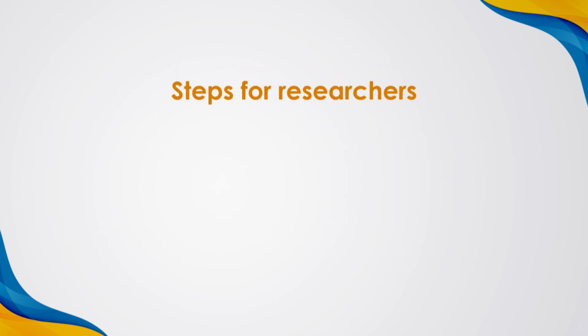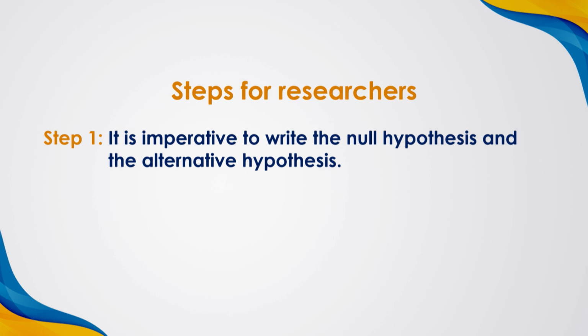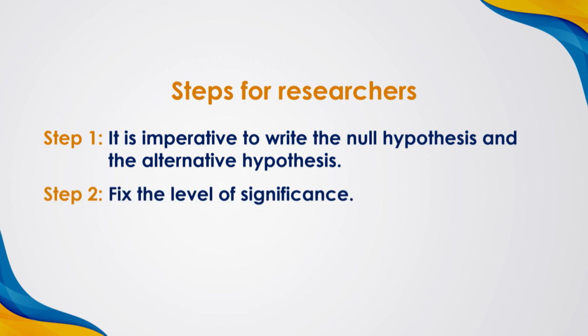As a researcher, you have to follow the following steps without fail. Step 1, it is imperative, that is necessary, to write the null hypothesis and the alternative hypothesis. In step 2, the researcher must fix the level of significance. It may be any level, but normally we fix either 5% or 1%.